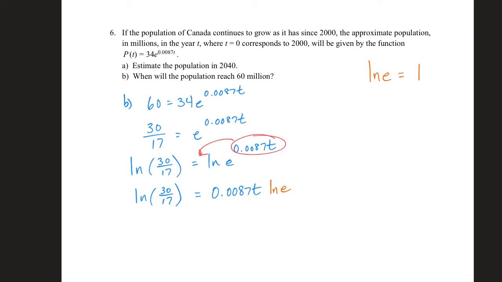Right? E to what exponent gives me E? It's 1. And so I don't even have to write ln e afterwards because I would just be multiplying by 1. And so you'll just look at that equation and all you have to do is write down the blue.